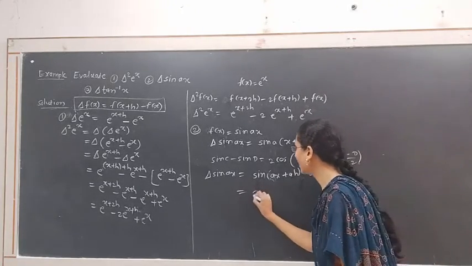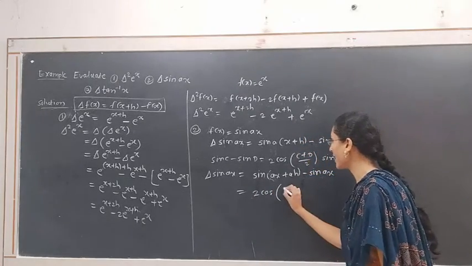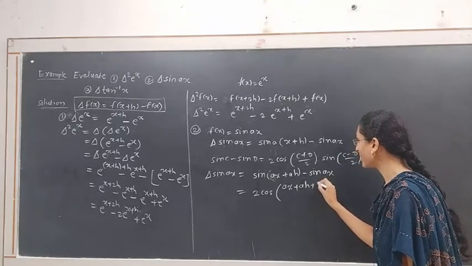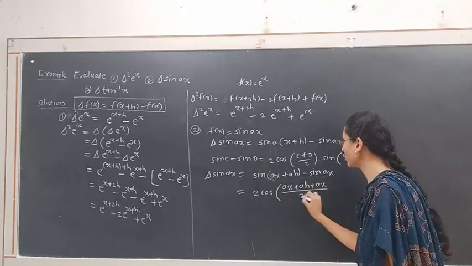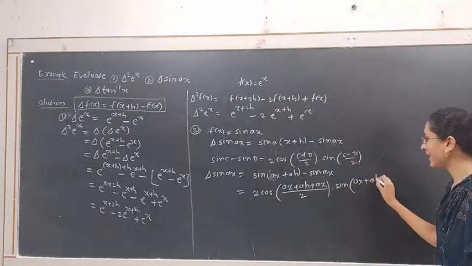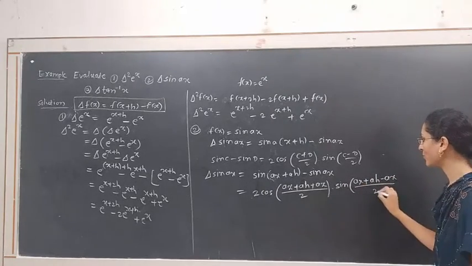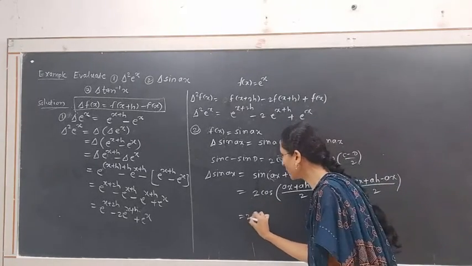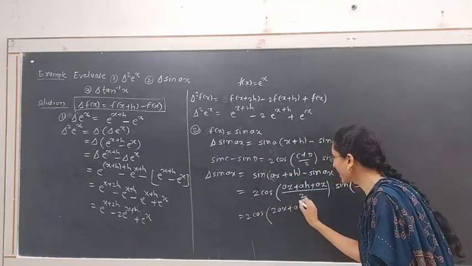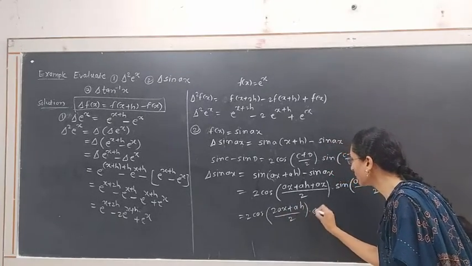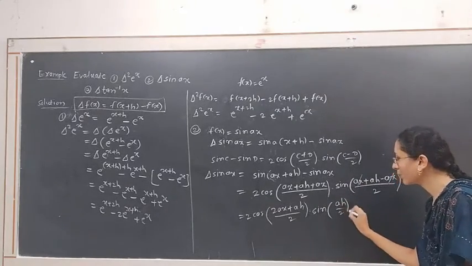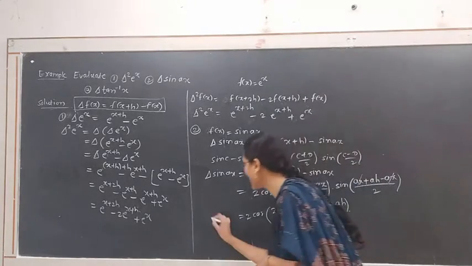Apply this formula, we get 2 cos of ax plus ah plus ax upon 2 into sine of ax plus ah minus ax upon 2, which is 2 cos of 2ax plus ah upon 2 into sine of ah upon 2. This is the value of del sine ax.